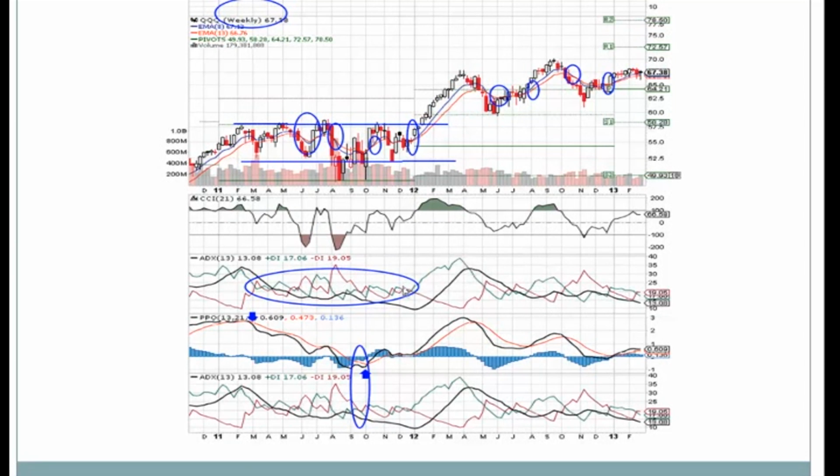This one, the plus DI line, is definitely in control. The minus DI line is headed for the trees. It's out of the picture.